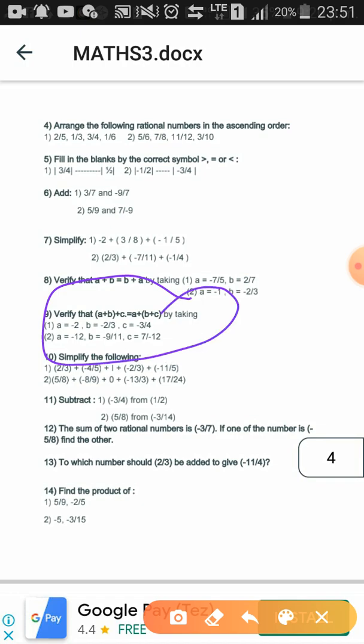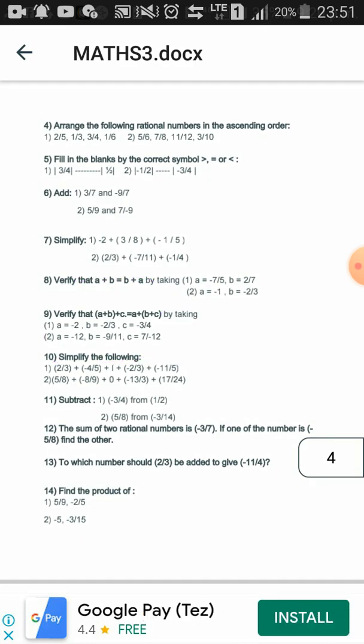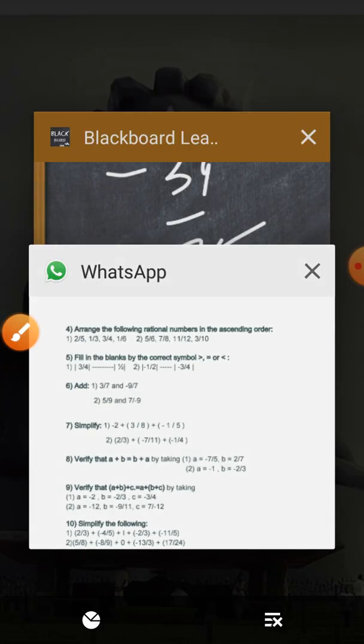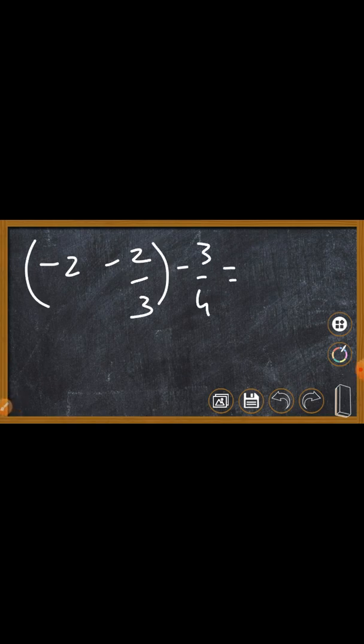Now verify that a plus b plus c, you're doing the same thing. You are verifying that a plus b plus c means minus 2 by 3 minus 3 by 4, is equal to minus 2 by 3 minus 3 by 4.